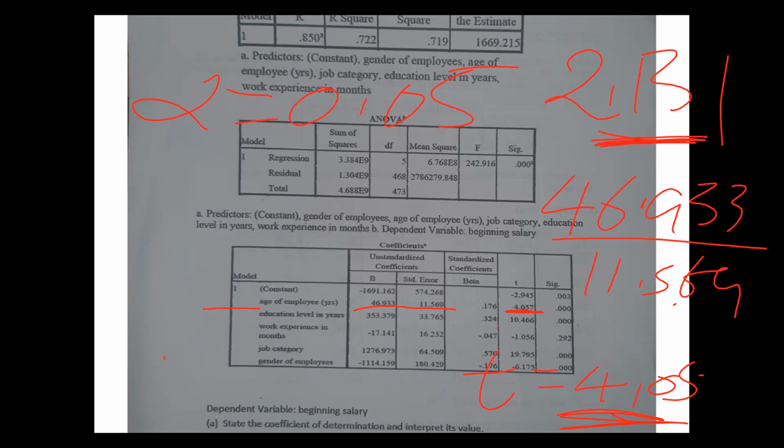Let's check education as well. The education level value is around 9 or 10. Whether at 5% or otherwise, it's still big, so you still reject. If you reject, it means the education level is significant.